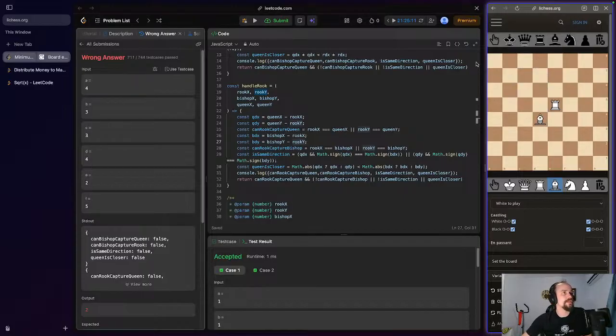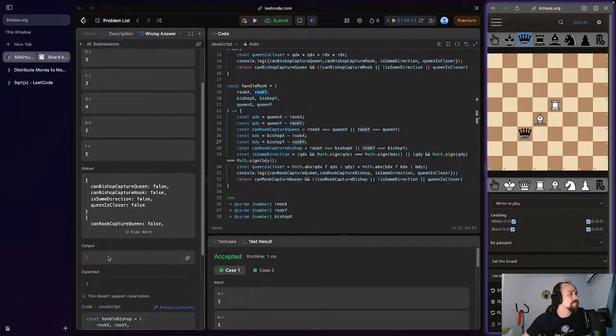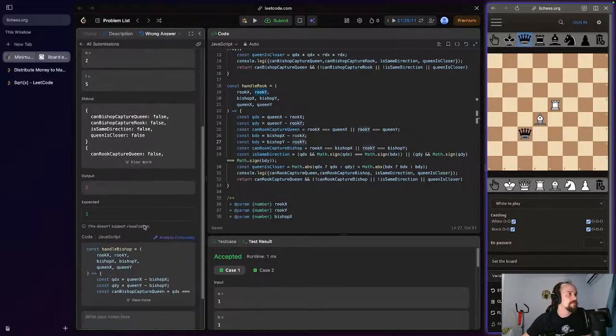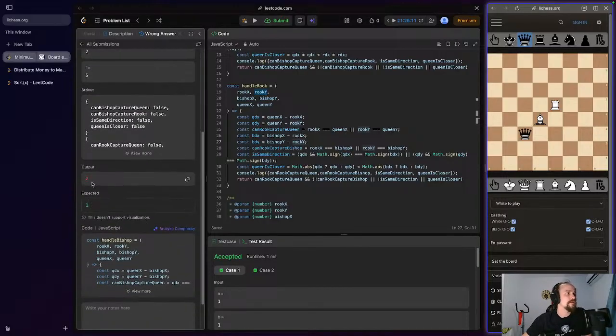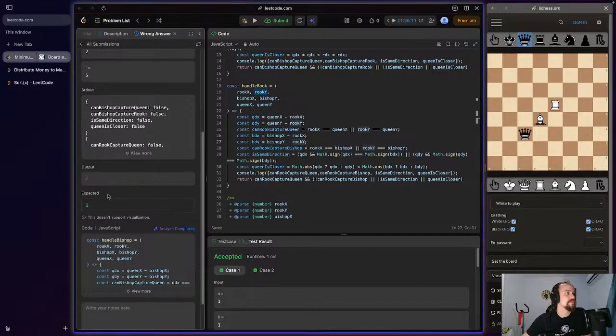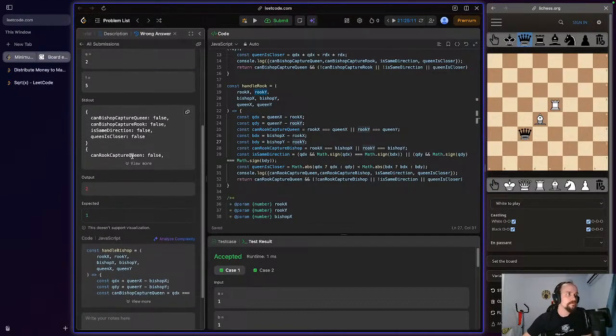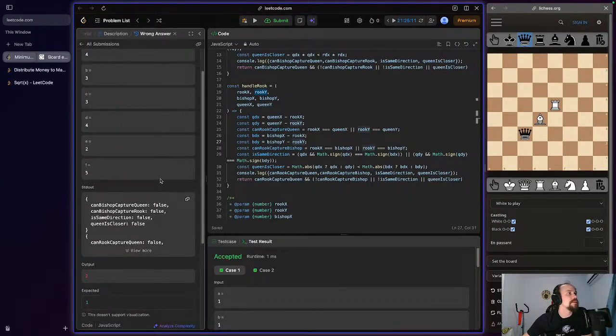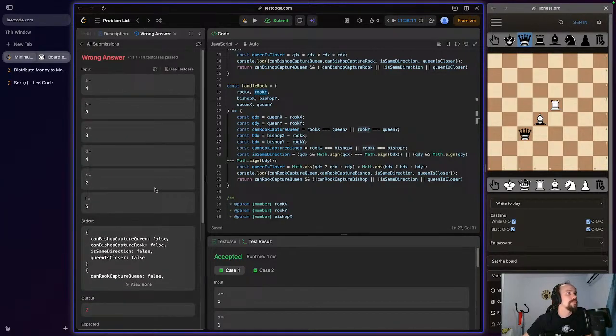And then we have the queen at 2, 5. 0, 1, 2, 0, 1, 2, 3, 4, 5. So I have to be doing something wrong here, right? Oh, we're saying it takes 2 moves. So we're not detecting that the bishop can capture the queen.